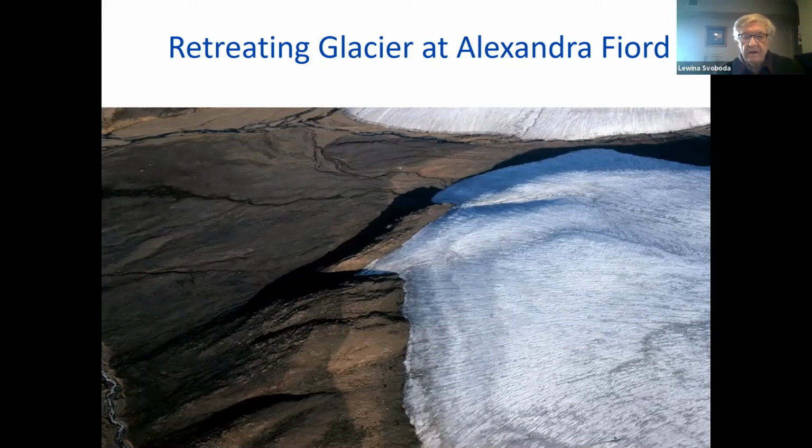Next. Retreating glacier at Alexandra Fiord. Note that the glacier is never retreating, meaning climbing up the slope. It is either sliding down faster than it is melting away, or it is melting faster than it is sliding. A close-up of the present ice-free margins of the shrinking glacier.